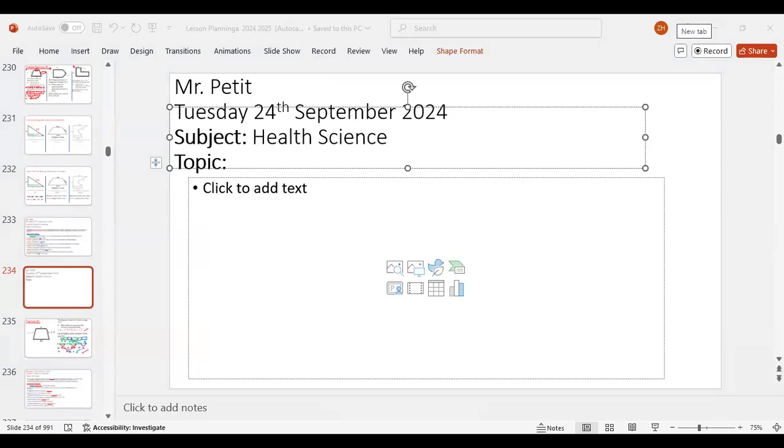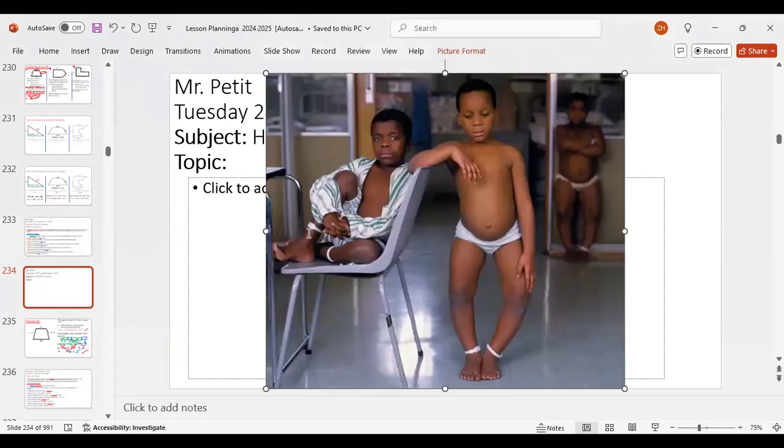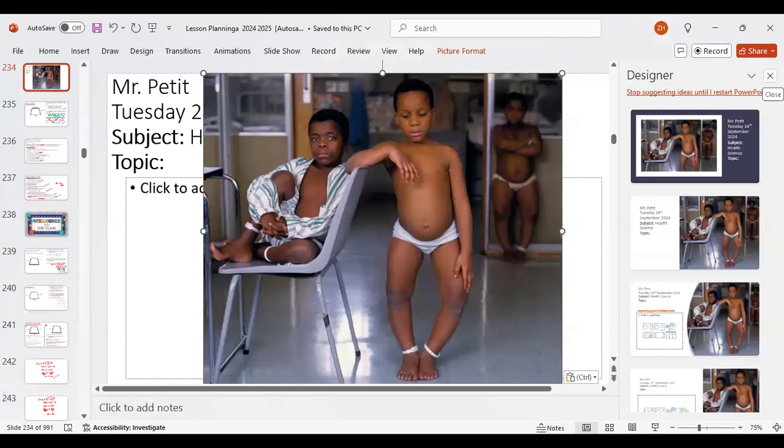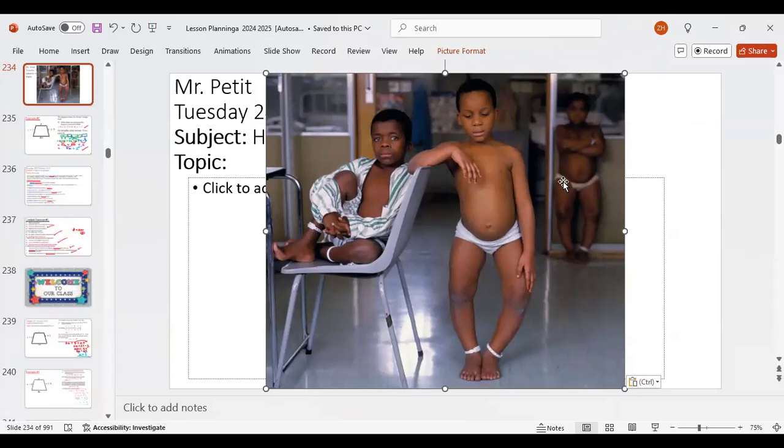Rickets is when your bones are soft and fragile, or brittle, and your legs become bowed, like bow-legged.